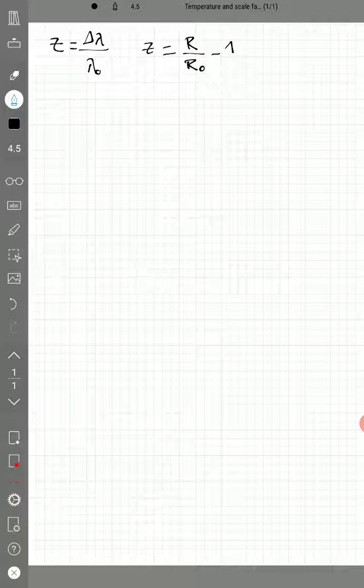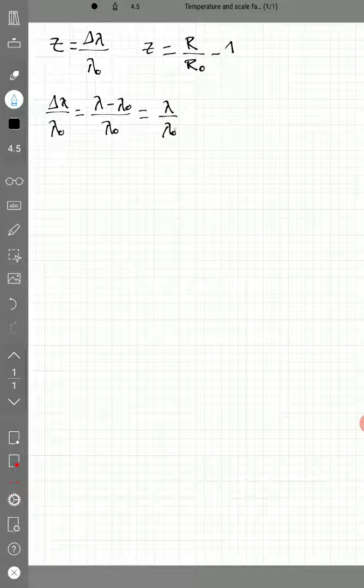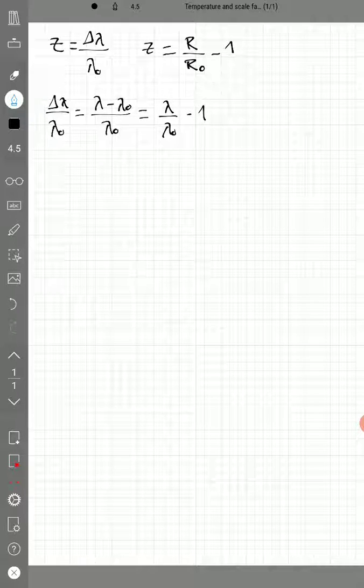stretched. Well, this can be further backed up if you take these two equations. I'm going to take the one with the wavelengths first, and I'm going to say that delta lambda over lambda 0 is equal to lambda minus lambda 0 over lambda 0, which is equal to lambda over lambda 0 minus 1 if you just divide each one of the terms by lambda 0.